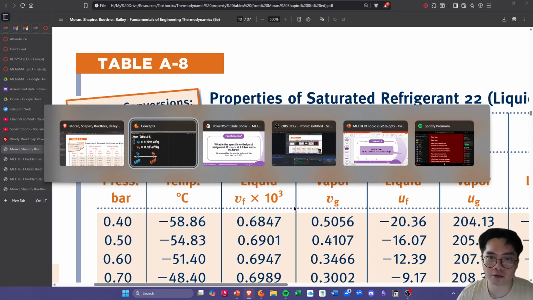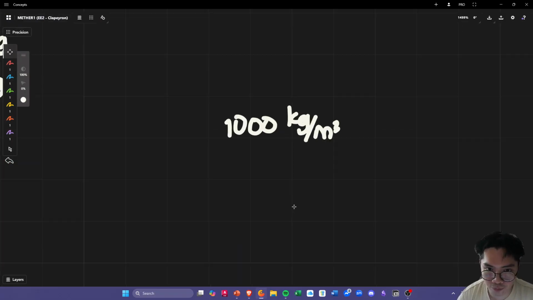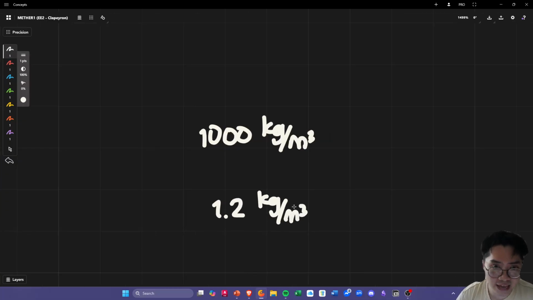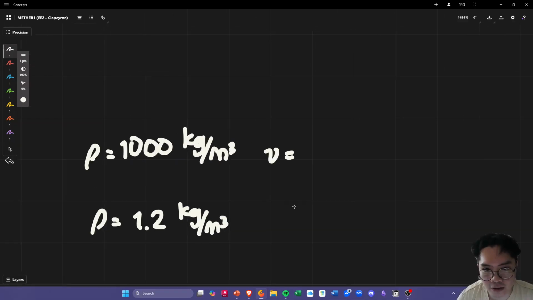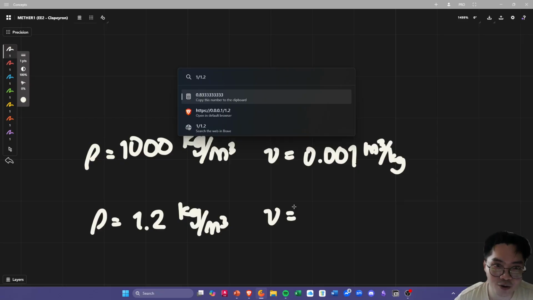Say for example, we'll just list two different things, like the water. Liquid water is 1,000 kilograms per meter cubed, and the air is like 1.2. If we take their reciprocals, you would get in here 0.001 meter cube per kilogram. On the other hand, for air, it's just going to be 0.833.